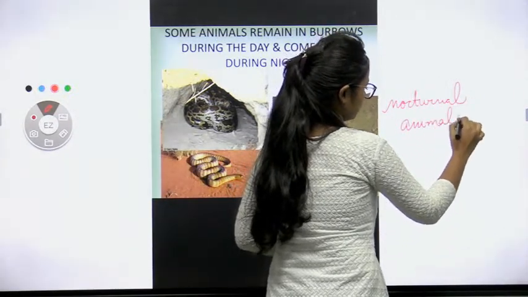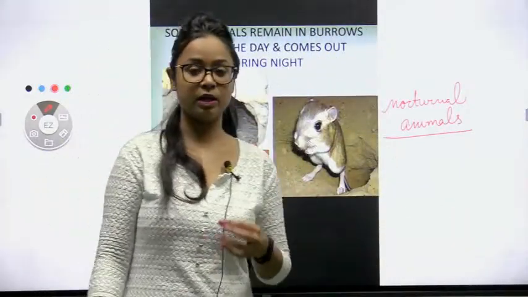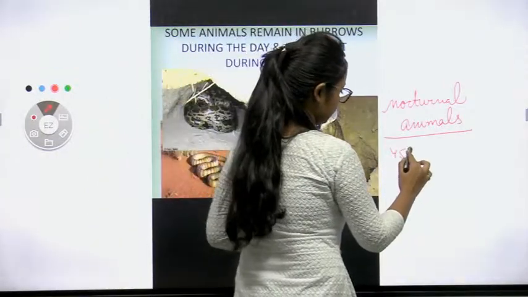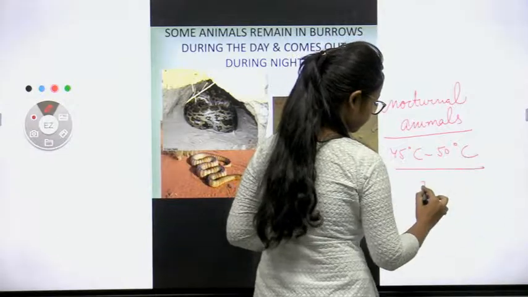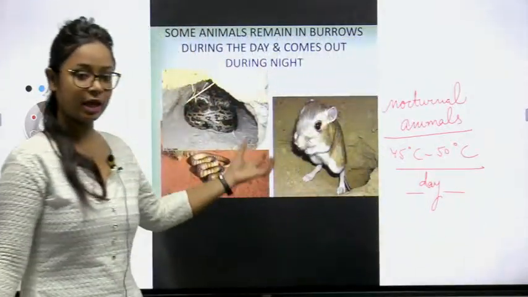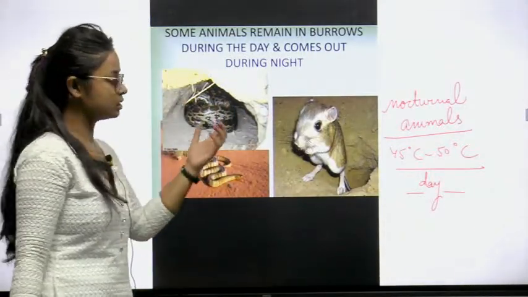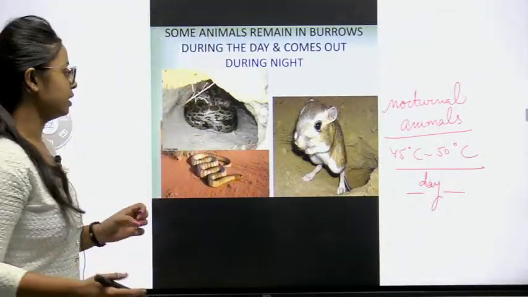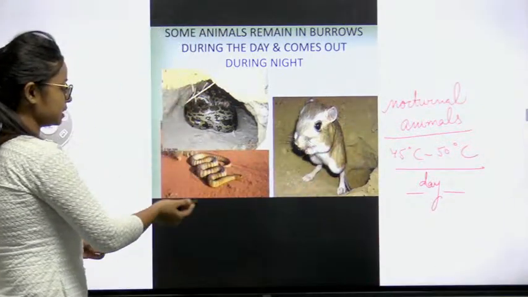What they do at daytime, you all know in the desert at daytime there is a very hot climate, about 45 degrees Celsius to 50 degrees Celsius. And in the night there is very cold weather. So at night they come out of their holes. And at daytime they just dig a hole in the sand and stay there. These animals are called nocturnal animals. For example, rats, snakes.